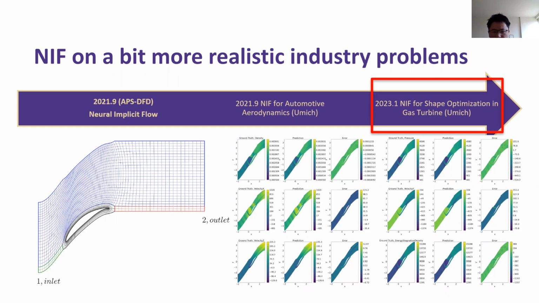The quantity of interest contains density, pressure, velocity, and stagnation densities as well. It contains everything that a CFD solver would produce. And there are also some lambda shock waves inside these. It's a complex flow phenomenon inside these compressors.